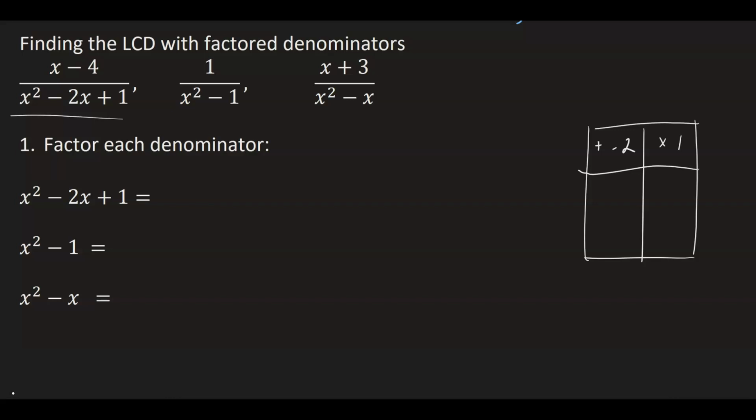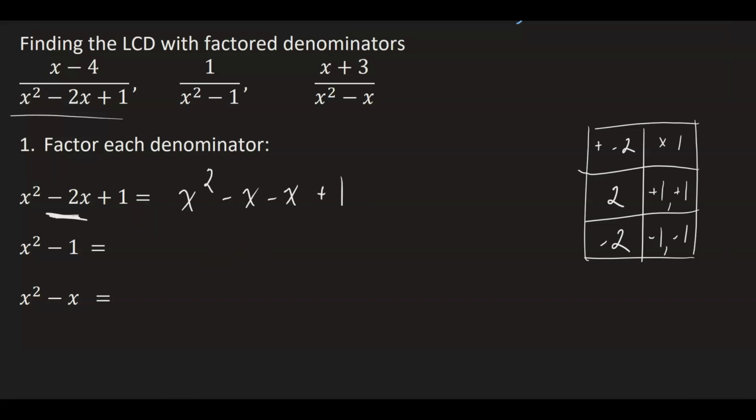So the only time we can get a product of 1 is with plus 1 and plus 1, and that sum is 2. Or -1 and -1, and that sum is -2. And that's actually the one we want, the -2. So we will split that -2x into x squared, subtract 1x, subtract another x plus 1.